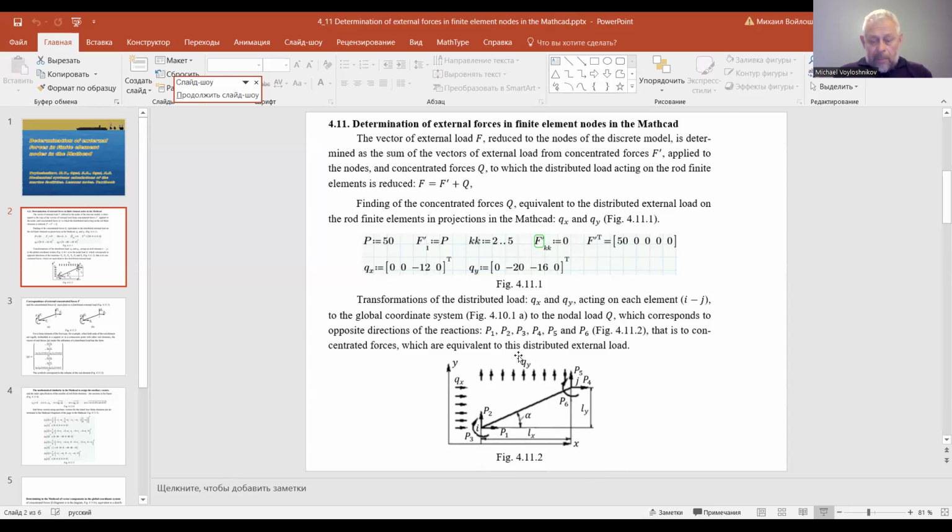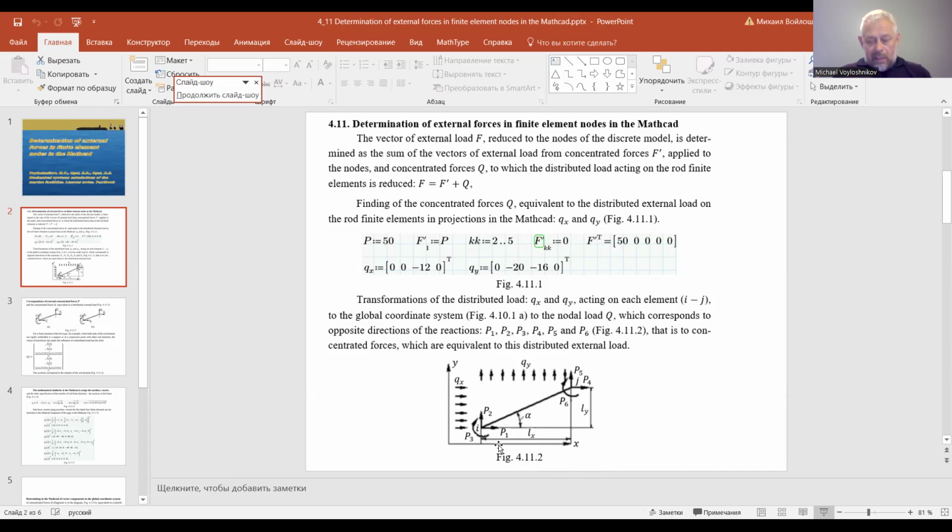The distributed force with the ordinate index and the component of the distributed force applied with the abscissa index, we have to multiply by the length of the component with the index y. So this is understandable in what direction.